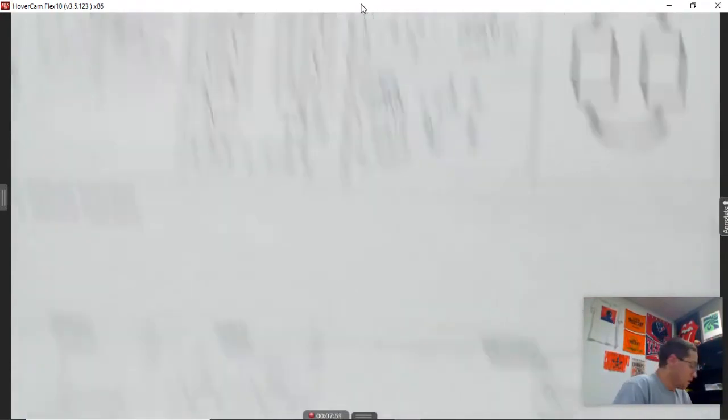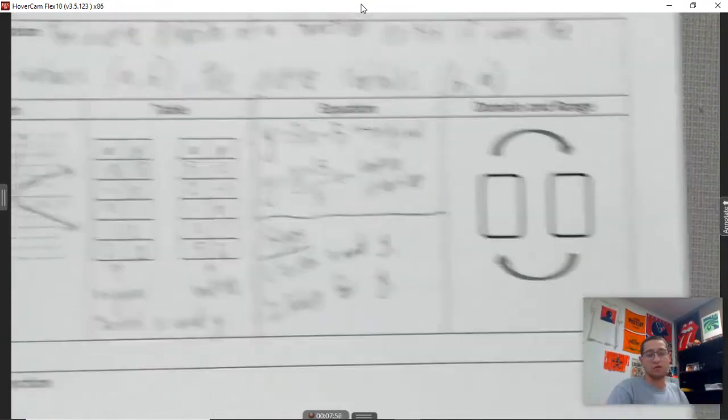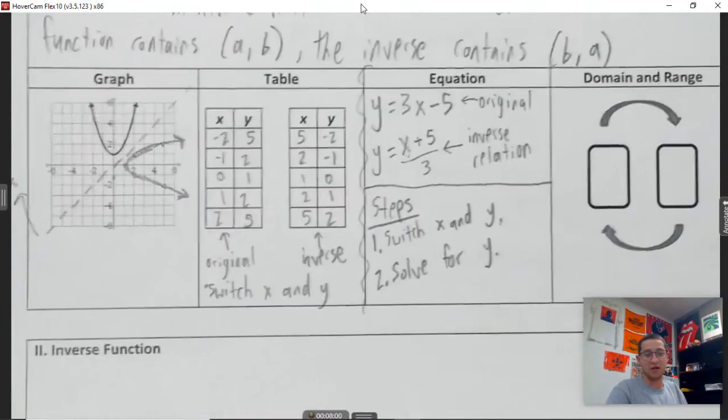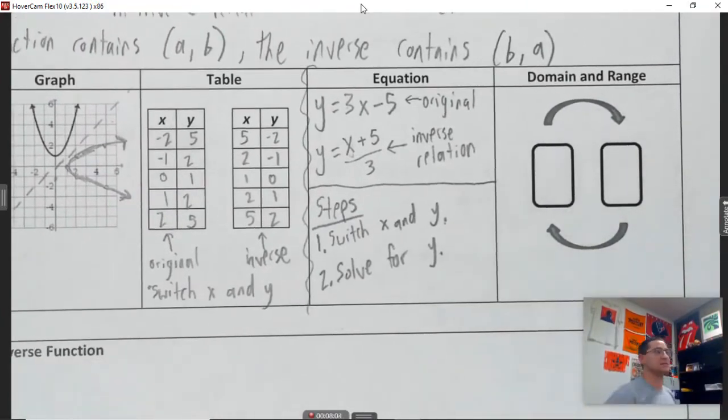For the domain and range, what happens? Notice everything is switching, and that's exactly what happens with the domain and range. What was the domain is now the range, and what was the range is now the domain.